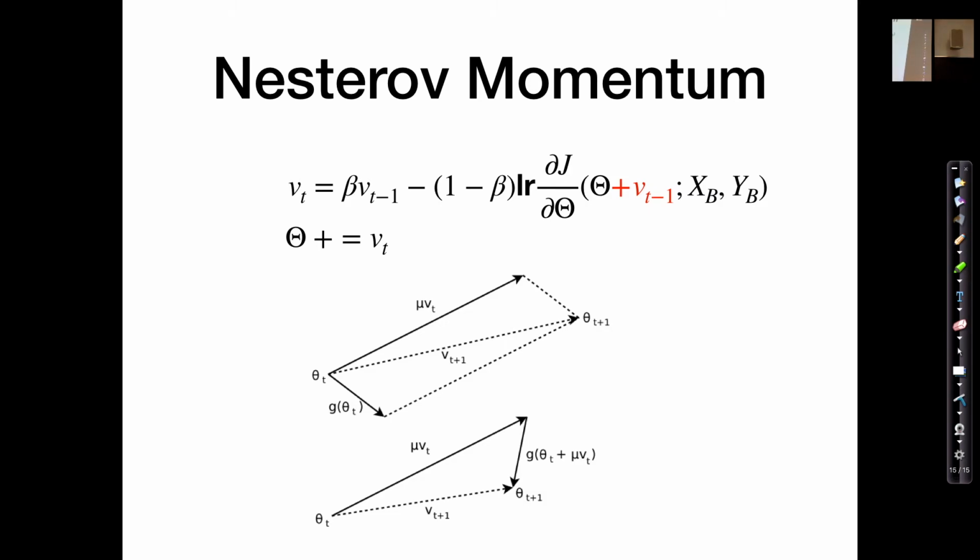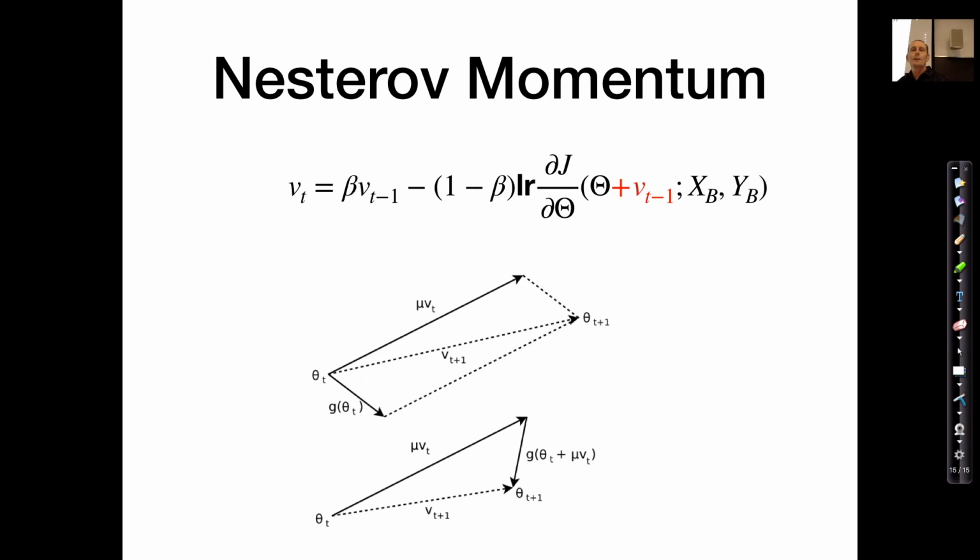Are we actually applying this vt minus 1 addition to this theta, and then calculating this? In which case, we don't want to add vt. We want to add vt minus 1, right? We want to just add the delta. So either way could work. But that is the basic difference.